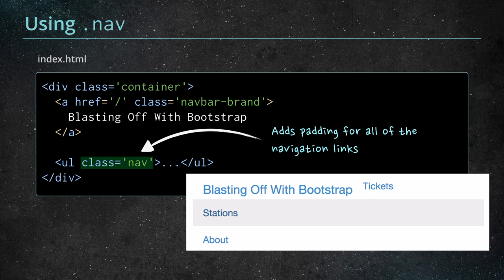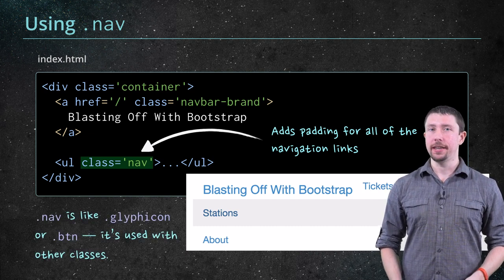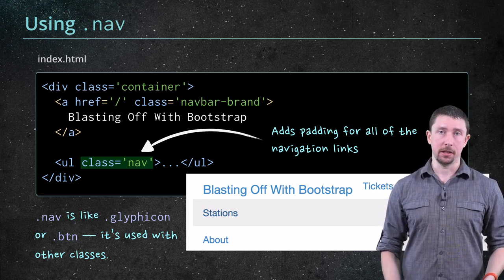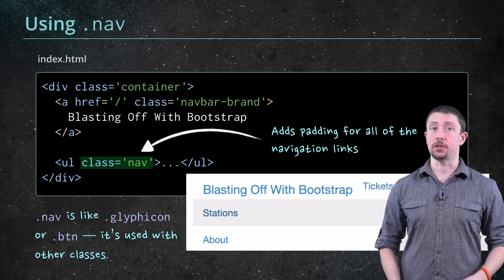Well, our list is still starting at the same spot it was before, but because of this nav class, now all of our links are being carried down to following lines. The nav class is similar to btn or glyphicon. It's a starting point that we can use to say we're going to use a nav here. We'll still need to add another class to let Bootstrap know what type of navigation we want to use.